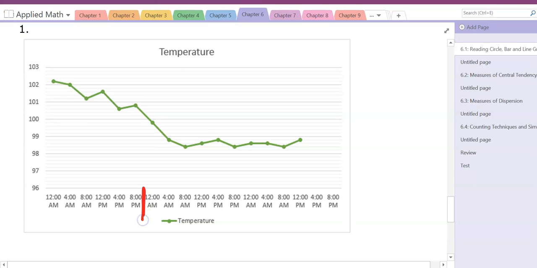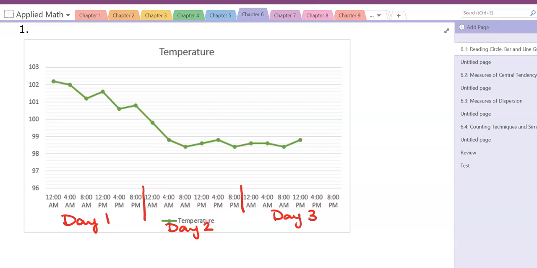These first couple of numbers are day 1, the middle would be day 2, and the last set would be day 3. If they ask about what days we're talking about, it might be useful to draw some dividing lines on your graph to understand when it changes from day to day.